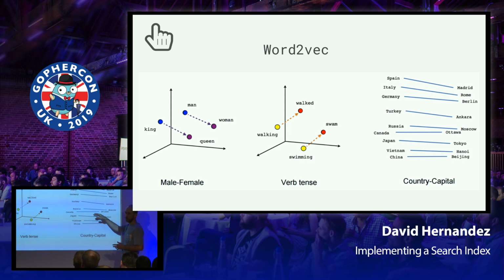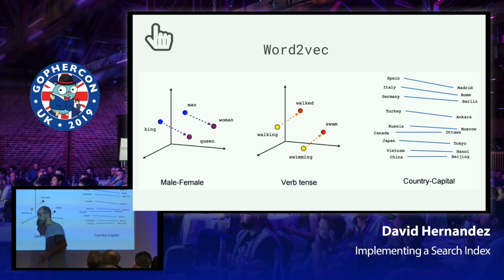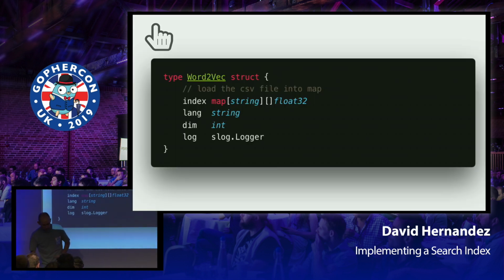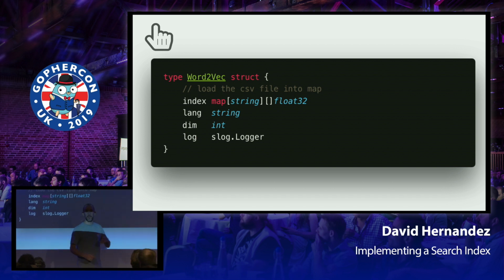For example, you can have a mathematical operation that transforms Spain to its capital, Madrid, and so on and so forth. You can apply the same mathematical operation and just get transformations. So it's a good representation of words in space. And that's pretty cool. If we want to implement that in Go, these models come in the form of a CSV.